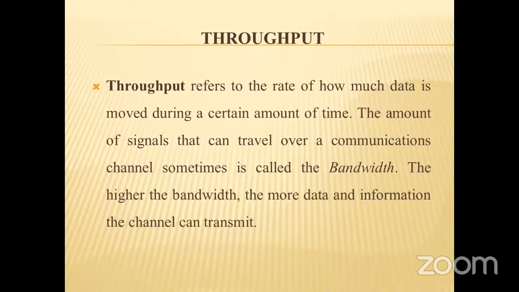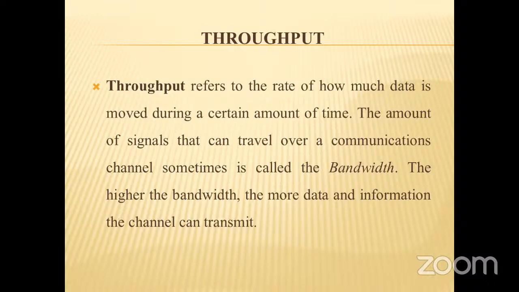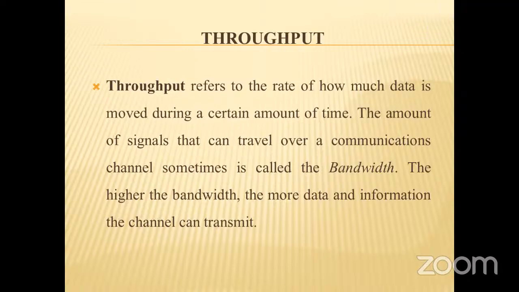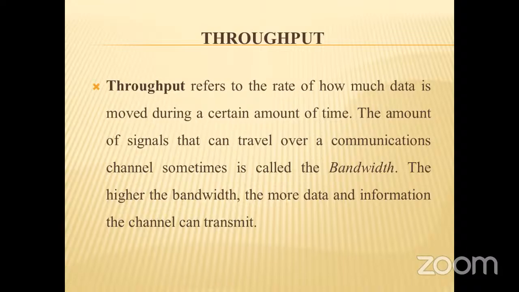The amount of signals that can travel over a communication channel is called bandwidth. So as we talk of throughput as the rate of how much data is moved during a certain amount of time, we look at the amount of data that actually travels over a communication channel. That is the bandwidth. So when you talk about bandwidth, you think of the amount of signals that can travel over a channel.